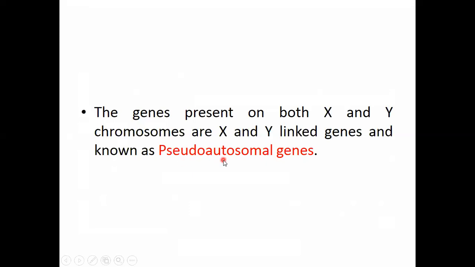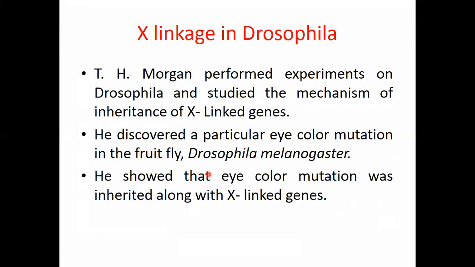Why are these known as pseudoautosomal? Pseudo means false, and autosomal genes means they behave like autosomal genes, but because they are present on sex chromosomes, that's why they are known as pseudoautosomal genes or false autosomal genes. So they are genes that are identical and present on both X and Y chromosome.